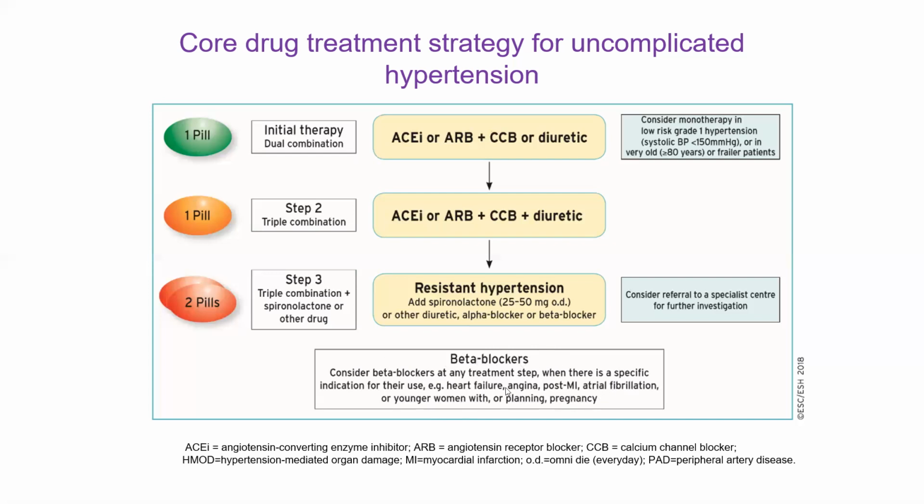We consider beta blockers at initial treatment of arterial hypertension in specific groups of patients with concomitant heart failure, angina, patients with post-acute myocardial infarction, patients with atrial fibrillation, the tachy form of atrial fibrillation, or in younger women planning pregnancy. By the way, RAS inhibitors are strongly contraindicated for fertile women.